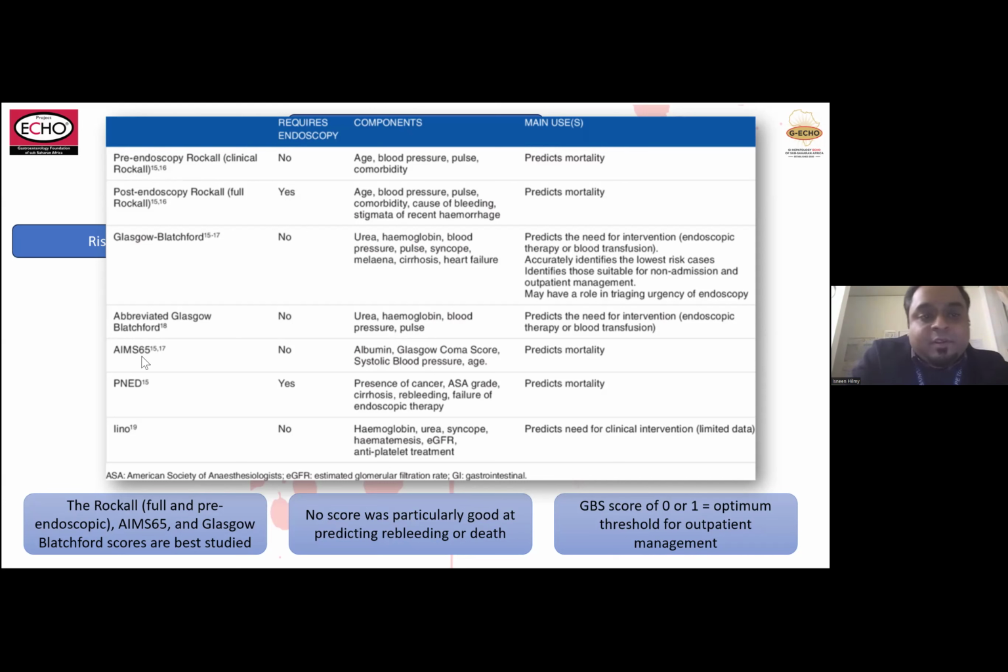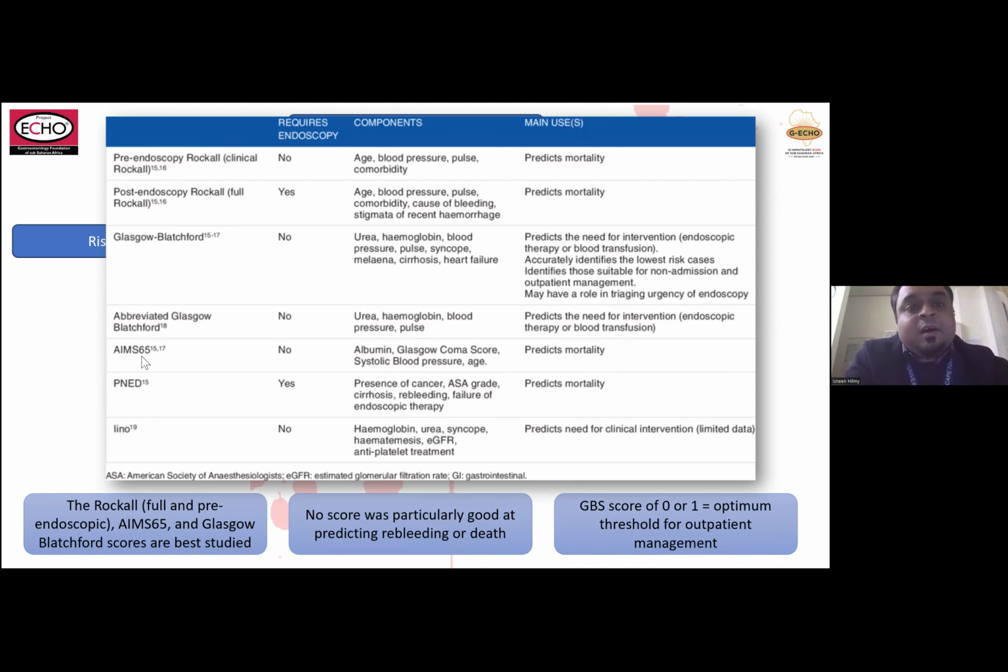If you look at the Glasgow-Blatchford score, basically they talk about symptoms of melena, the hydration status, and then the comorbidities. The main thing they talk about is actually melena. So what about hematemesis? They don't really touch on that.